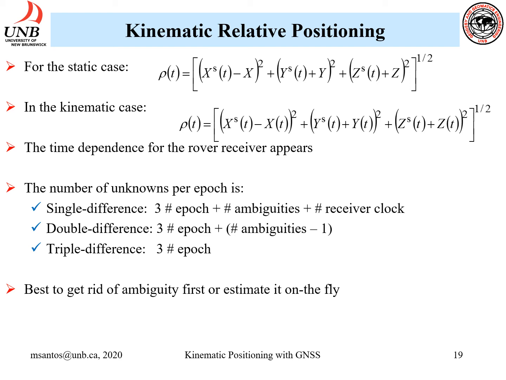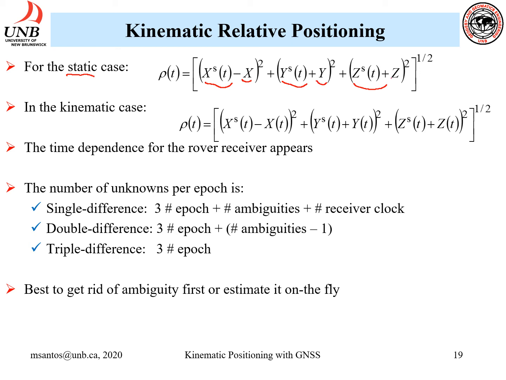And this creates a problem, of course, in the sense that we have more parameters to solve for. Let's look here at the static case and look at the geometric range, because things will be more clear in here. What we have are the observations of the satellite and the receiver.